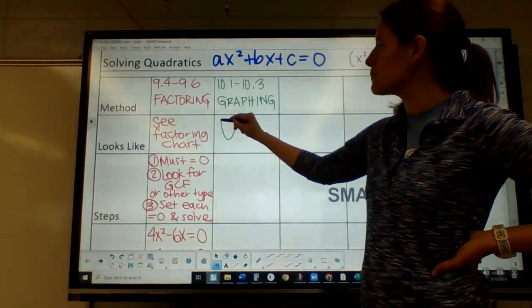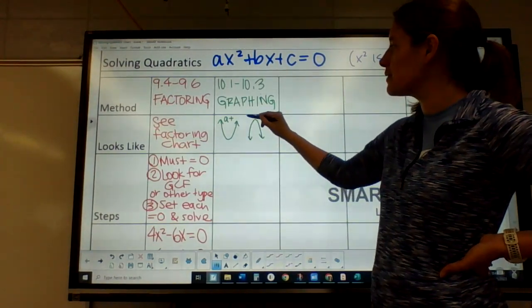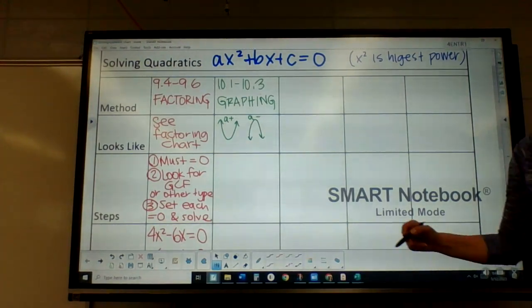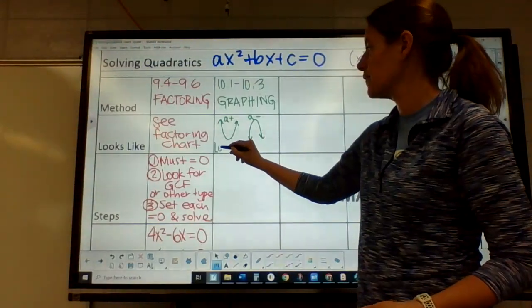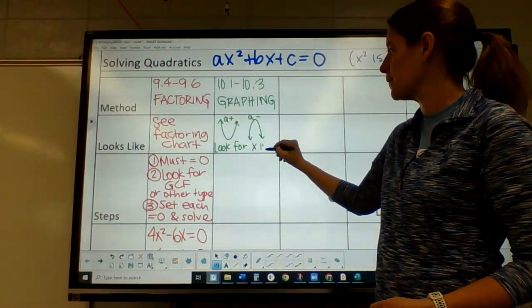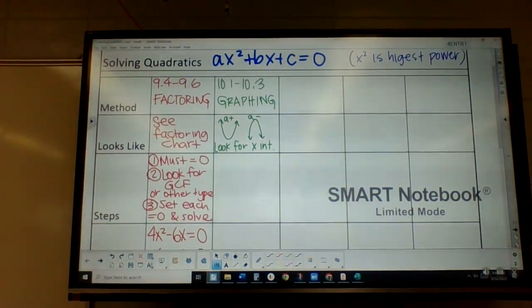Remember, we talked about the parabola being either a happy or sad parabola based off of the a value, the number in the front of our equation. When we're solving, we're looking for x-intercepts.